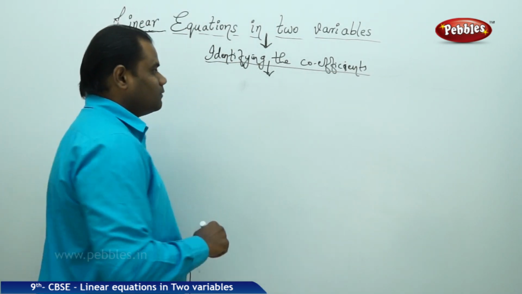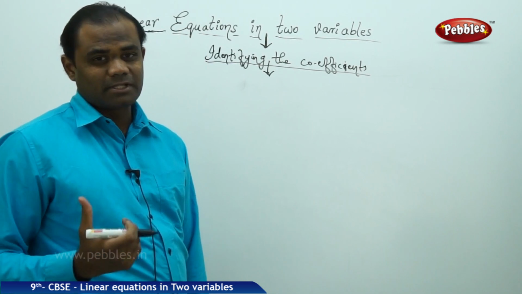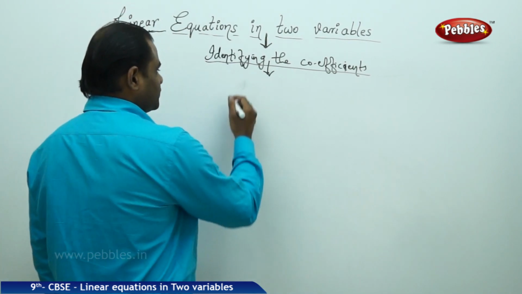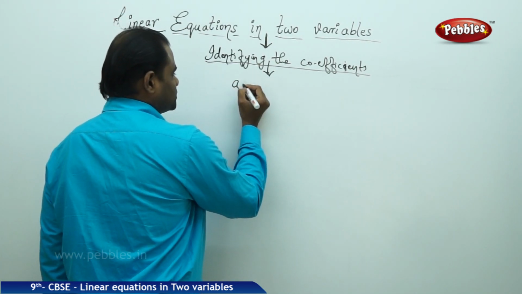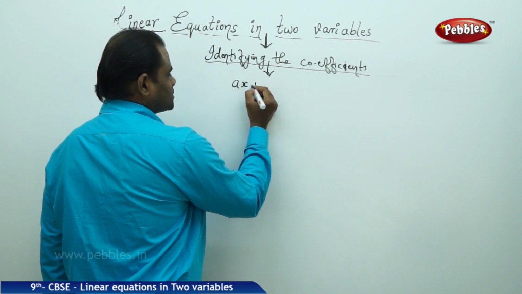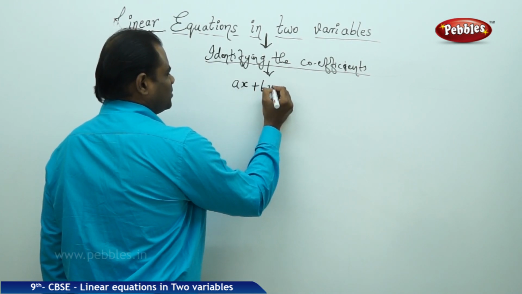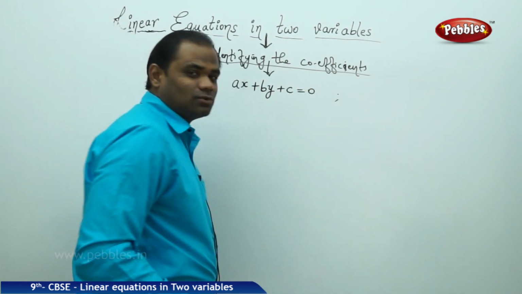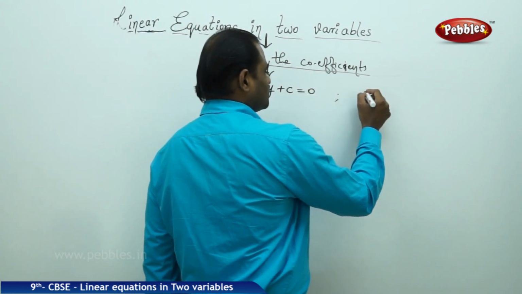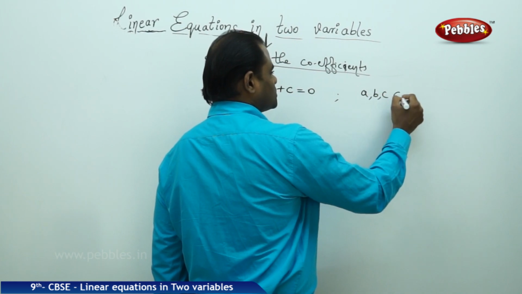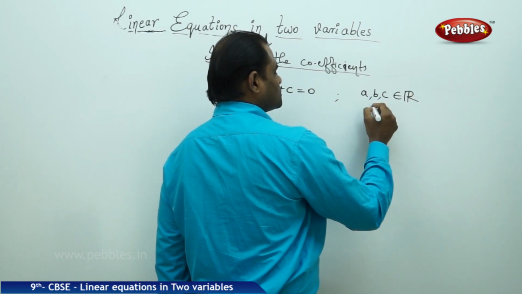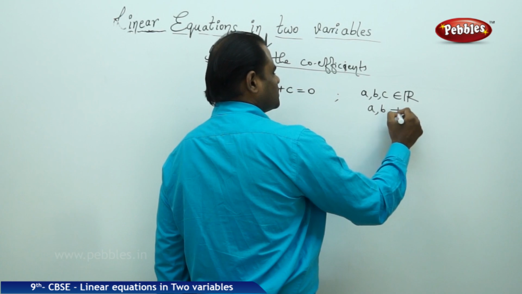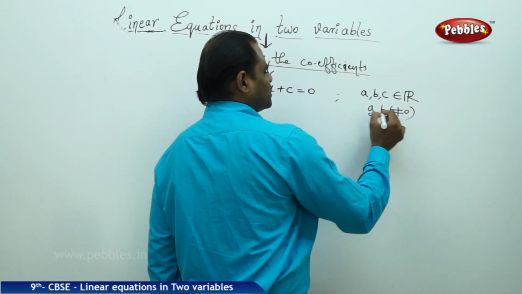For example, we have discussed in the previous sessions that a linear equation can be expressed in general form as ax plus by plus c equal to 0, with two rules. Rule 1 says that a, b, c must belong to real numbers, and rule 2 says that both a and b are non-zero.